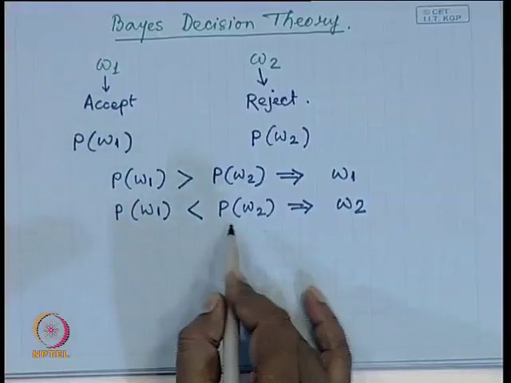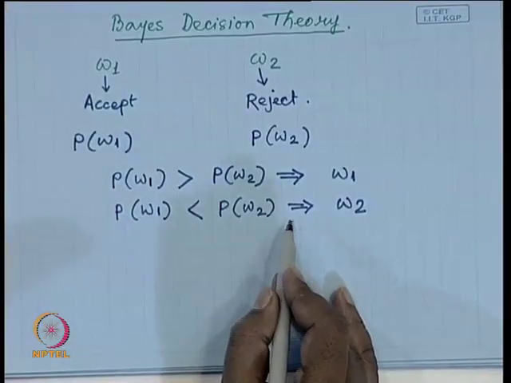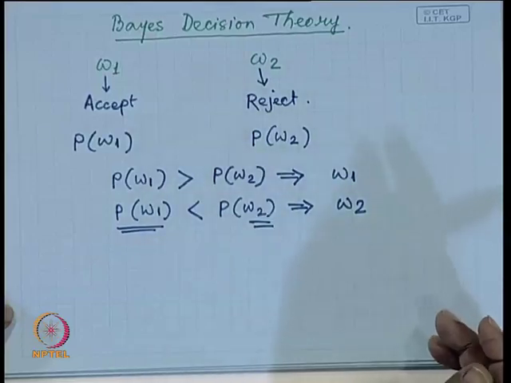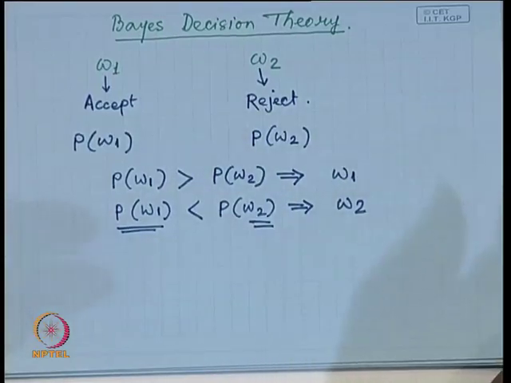Or if p of omega 1 is less than p of omega 2, I will always decide in favor of omega 2, even if the object may actually belong to class omega 1. That means the objects will always be rejected or always be accepted based on our a priori probabilities p omega 1 and p omega 2. So, this is not at all a logical decision that we are taking.